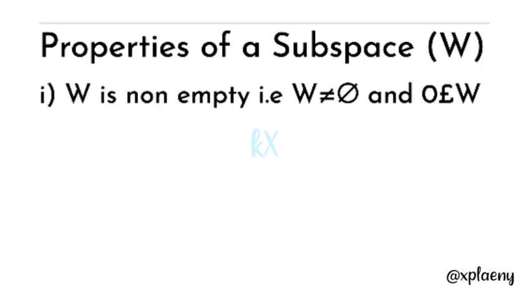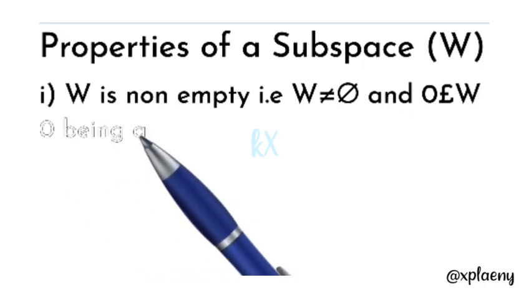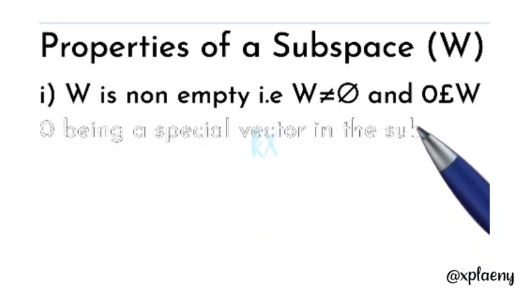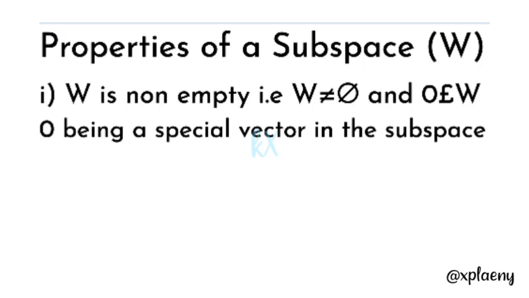It must be non-empty, and at the same time, there exists a zero vector in our subspace. This zero vector is a very special vector because zero in itself is regarded as a vector. So any set that contains a zero in it is not empty.